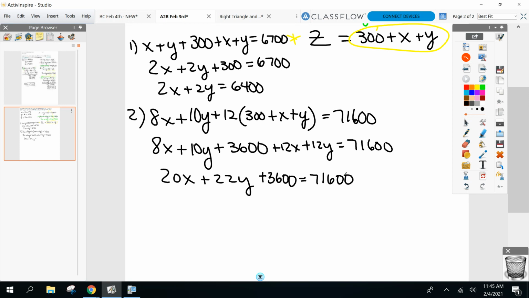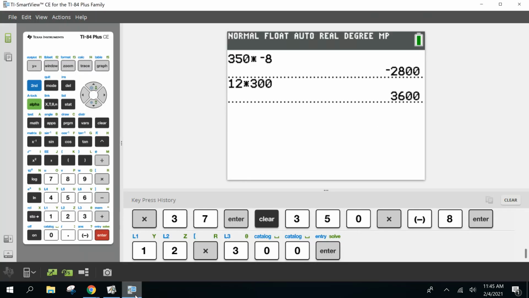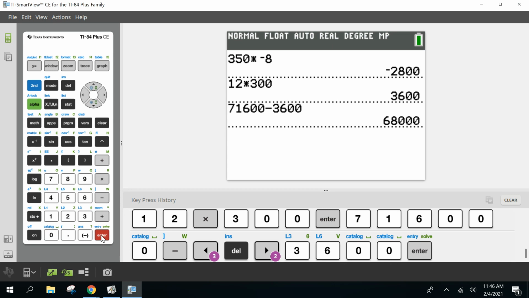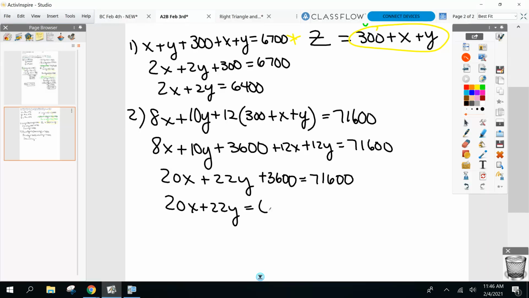And I'm going to move the 3,600 over too, so I have x and y by itself. $68,000. Guys, get x and y by itself.